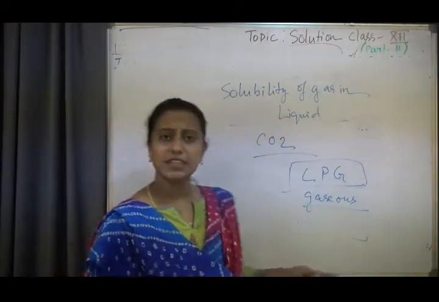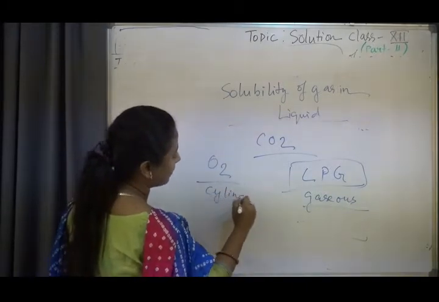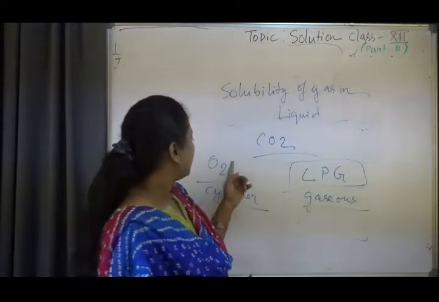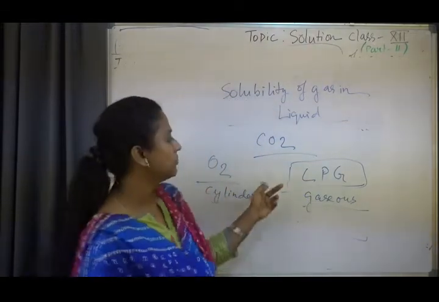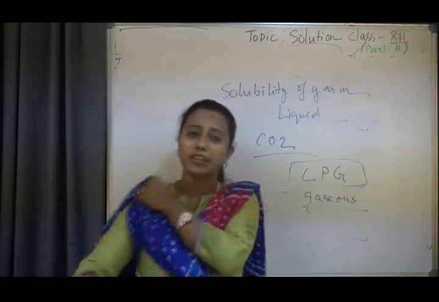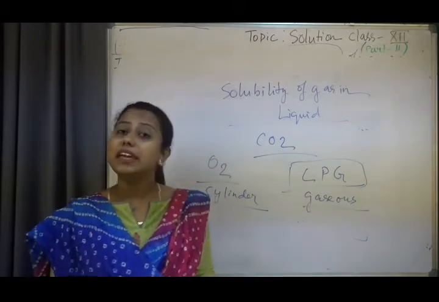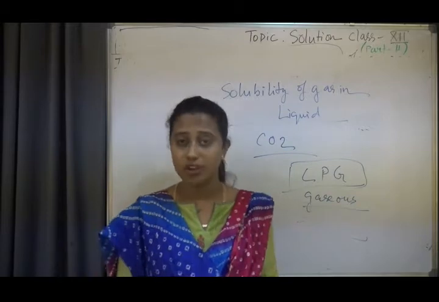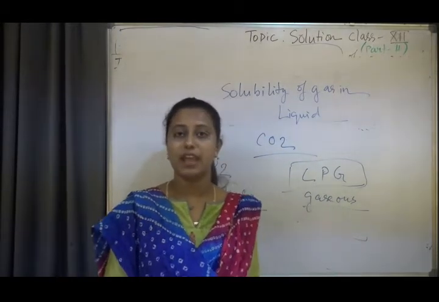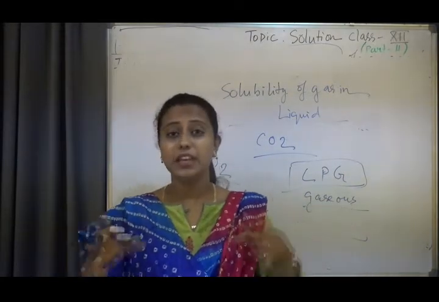Then you have seen in the hospitals, oxygen cylinders are given. Why are these oxygen cylinders given? Is oxygen in liquid form or gaseous form? Obviously, we are breathing oxygen, so it is in the gaseous form. But if we exert high pressure on oxygen at low temperature, then this oxygen becomes liquid.